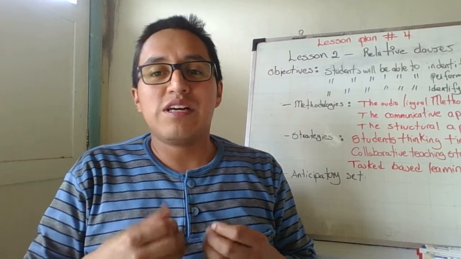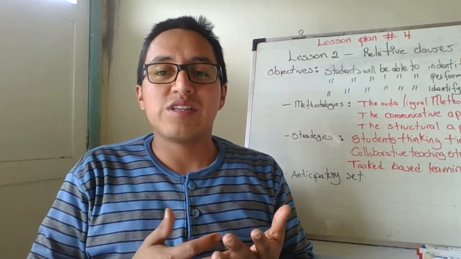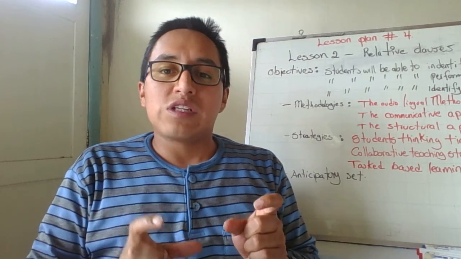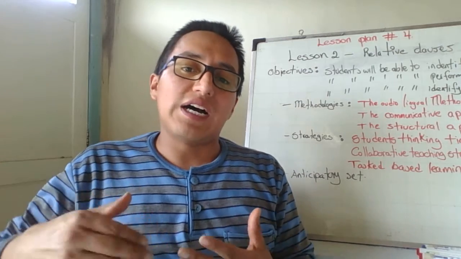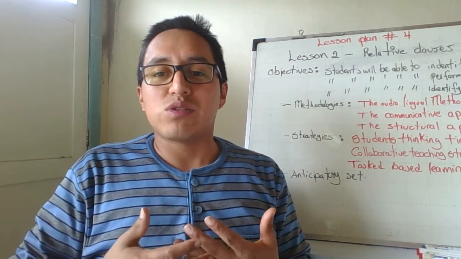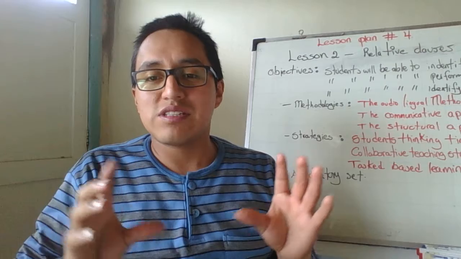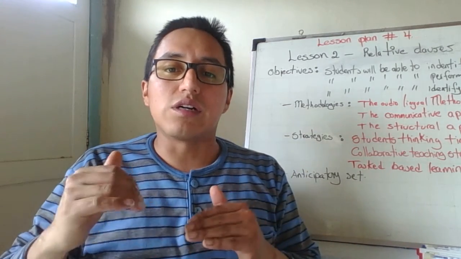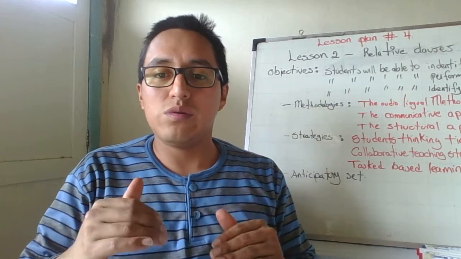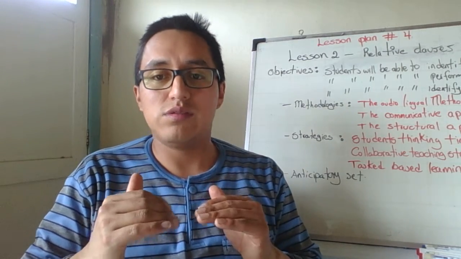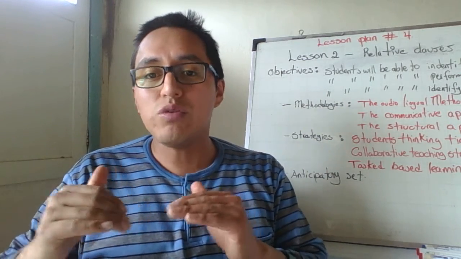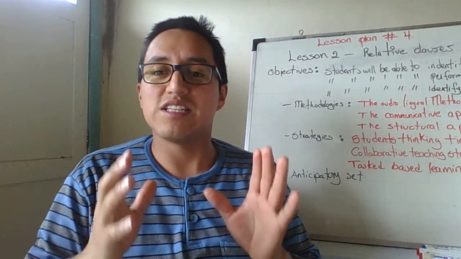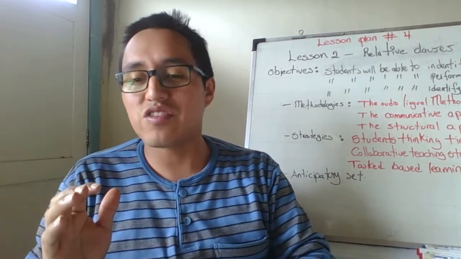For example, I'm gonna ask students which connectors we can use to add more information about something. For example, I'm gonna say only one example. Maria is a girl who is beautiful. Students can notice the difference.